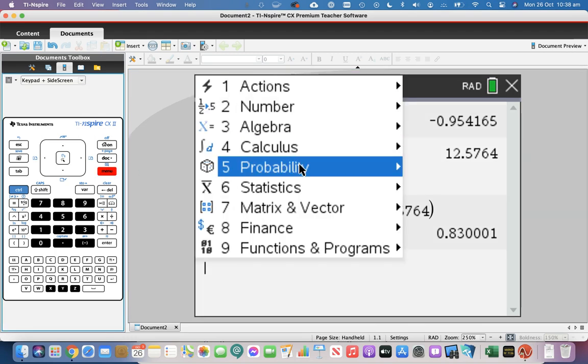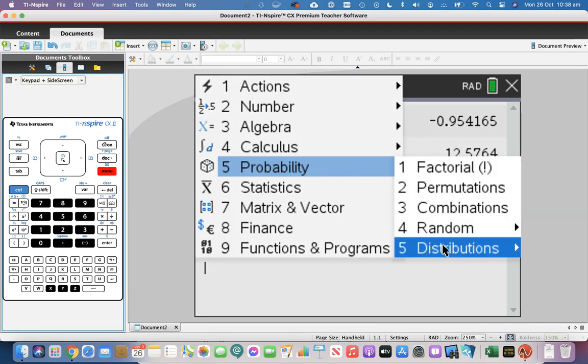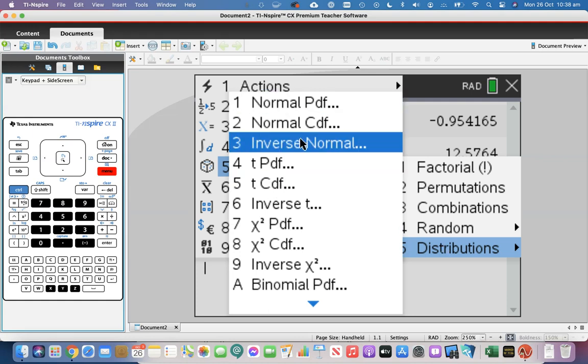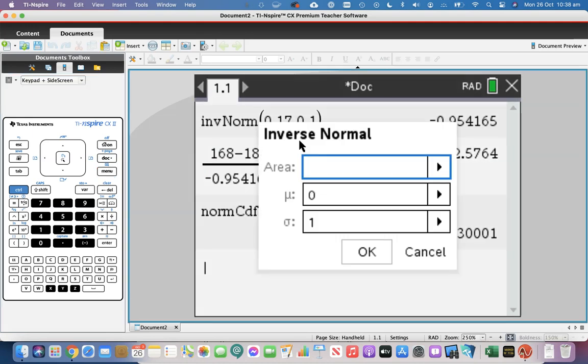Menu, probability, distributions, and this time we're going to do an inverse normal. We use inverse normal when there's a value that we don't know, but we do know the area. So the area is 0.03, that's the probability. Mu is 180, and sigma is 12.5764, from what we worked out.